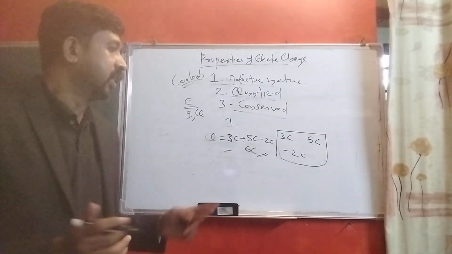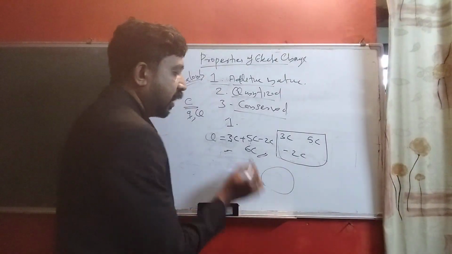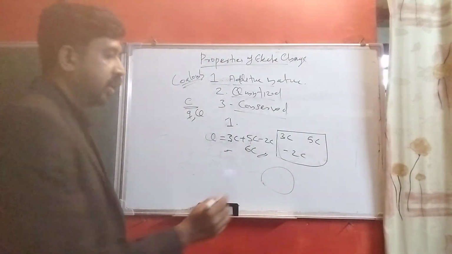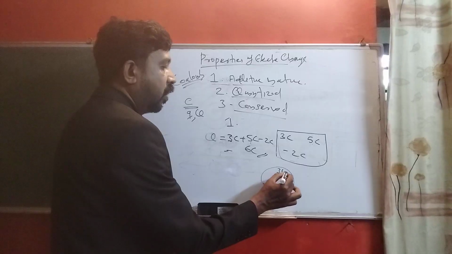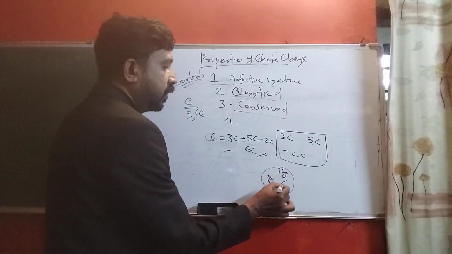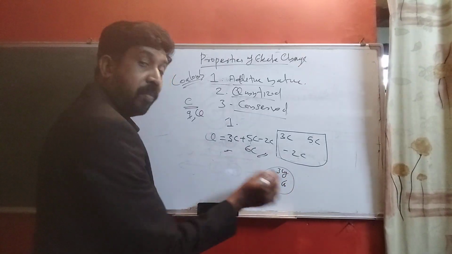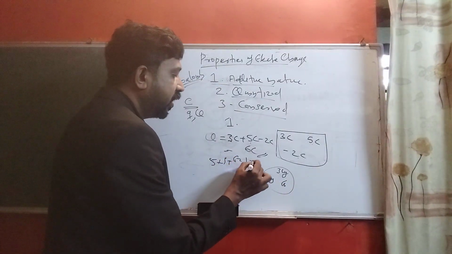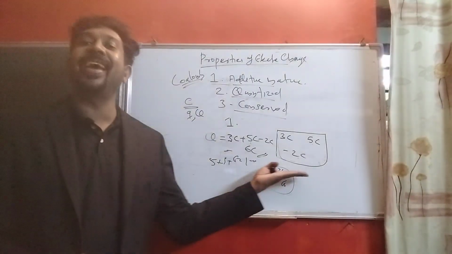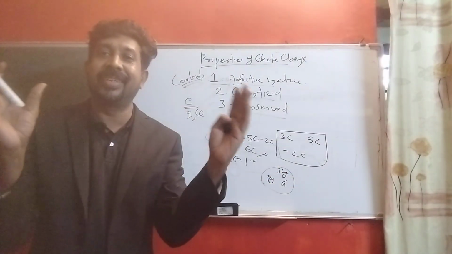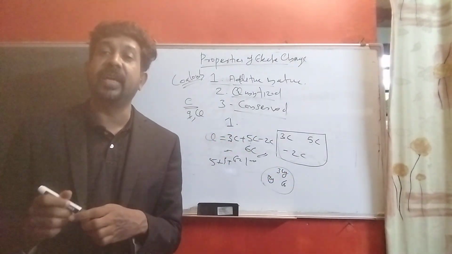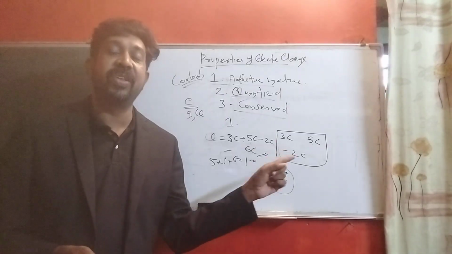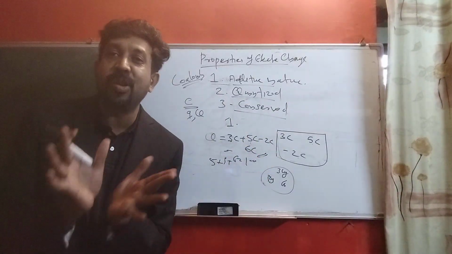Like masses. Suppose we have a body that contains the masses 3 kilogram, 5 kilogram, 6 kilogram. Then the total mass contained in this body is 5 plus 3 plus 6, equal to 14 kilogram. In the same way, the total charge inside a body is the sum of the individual charges inside that body.